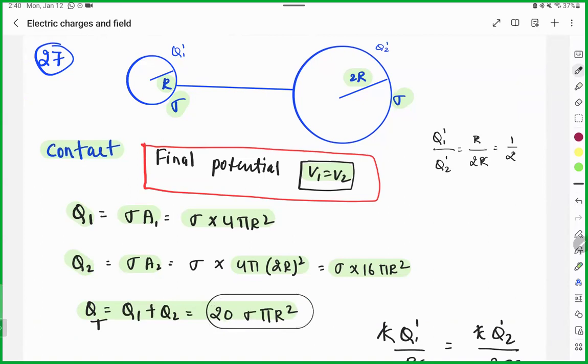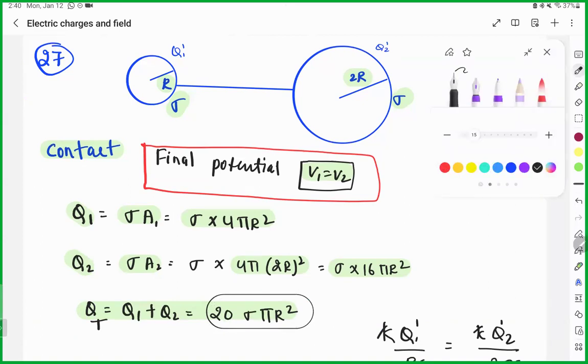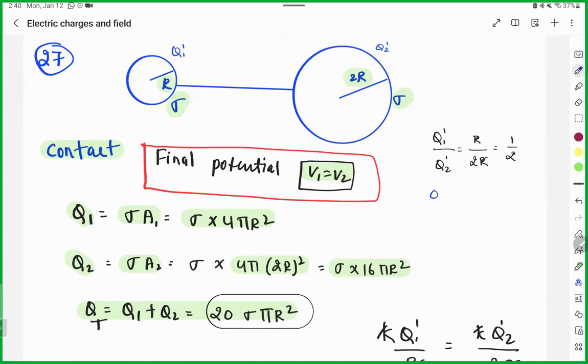So for example, if I take one value as 3.3, Q1 let's take as 6.66 sigma pi r square.